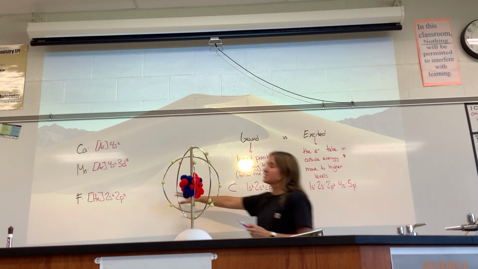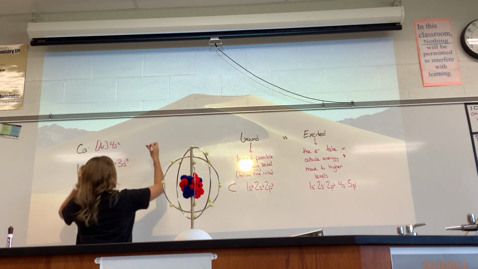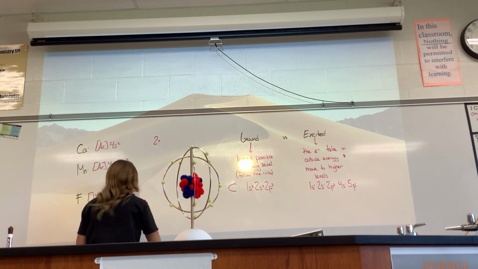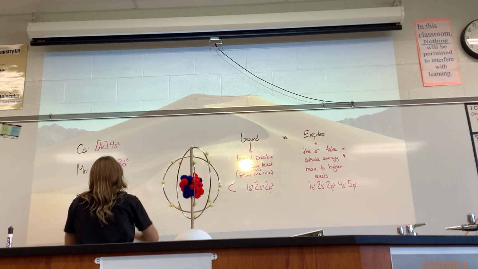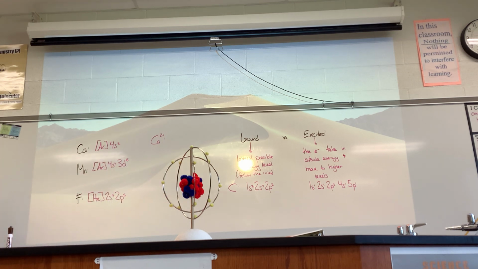Okay, let's go down to the section now that talks about the ion configuration. So same idea, but now the difference is we're looking at the removal or the addition of an electron. So if instead our calcium ion had a positive 2 charge, how would its configuration of electrons change? If something is positively charged, what does that mean about its electron count?